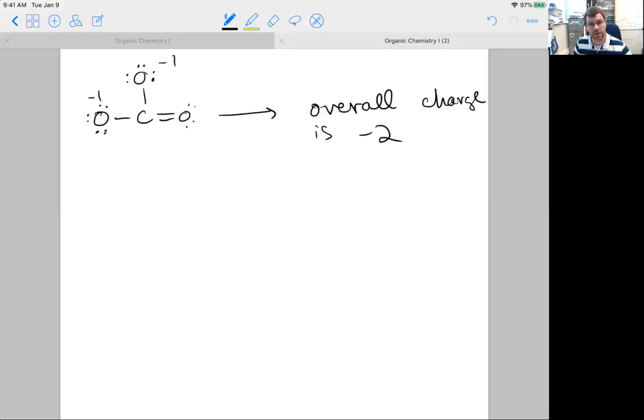This collection of many atoms, this polyatomic system, has 2 -1 charged elements. And as a result, it's going to have an overall charge of -2. And so this polyatomic ion is an anion because anions have negative charges.